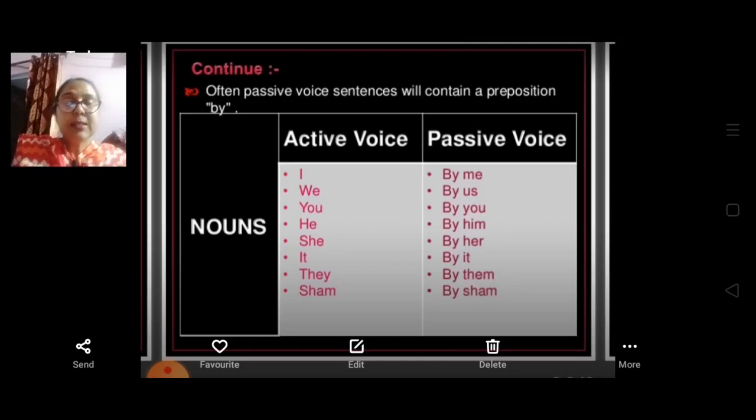You should just learn this concept because if we are making active to passive voice, we are going to change the tenses and after that we are going to change the pronouns also. So that table you have to learn.